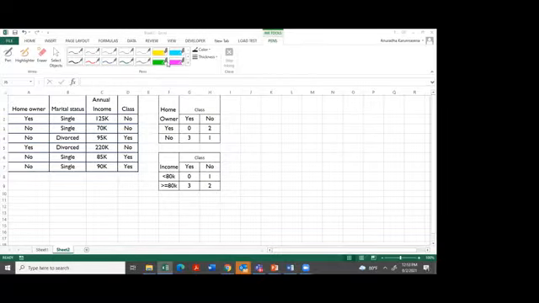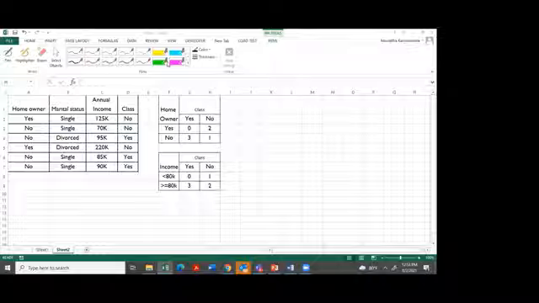Okay, is the matrix correct, students? Right, compute the Gini index also.